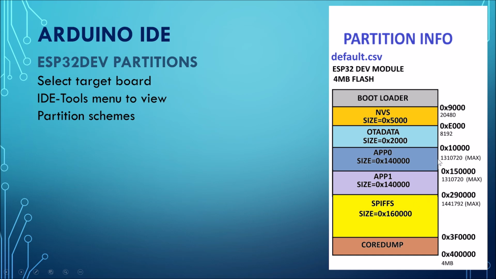And you see here that a maximum app partition handling OTA is only 1.3 megabyte, and the SPIFFS is 1.4 megabyte, and we're using a 16 megabyte flash, and that's really not a good way to handle 16 megabytes.